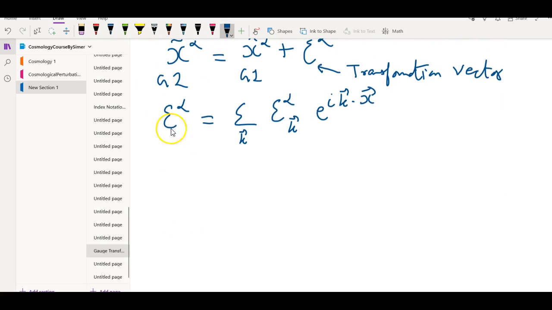For xi alpha 0, the corresponding term will be xi alpha 0.